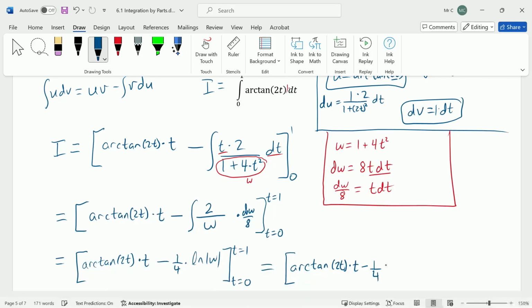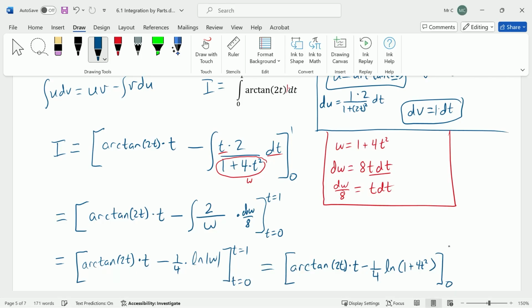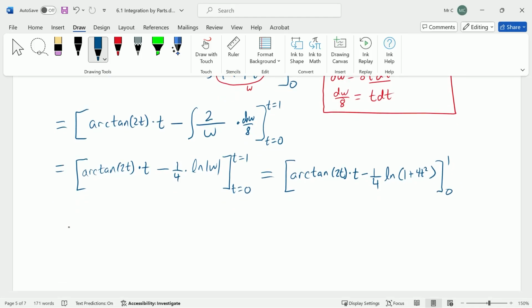And now I plug in my value for w back in. Now notice this is the absolute value of w, but w here is 1 plus 4t squared, and since the variable is squared here, and all these terms are positive, it can only be positive, so I don't need to write the absolute value anymore. And now since I've changed everything back to just the variable t, I can go back to just writing from 0 to 1 without specifying.